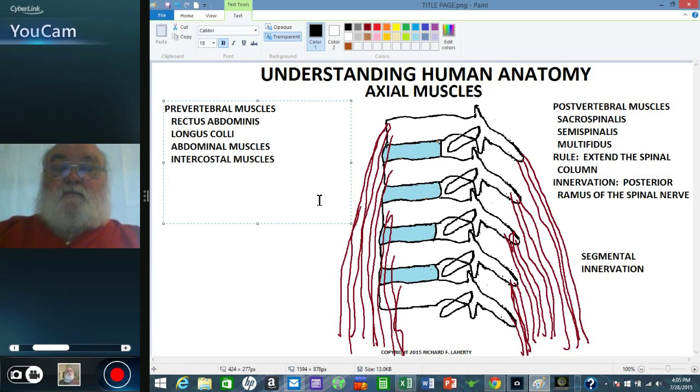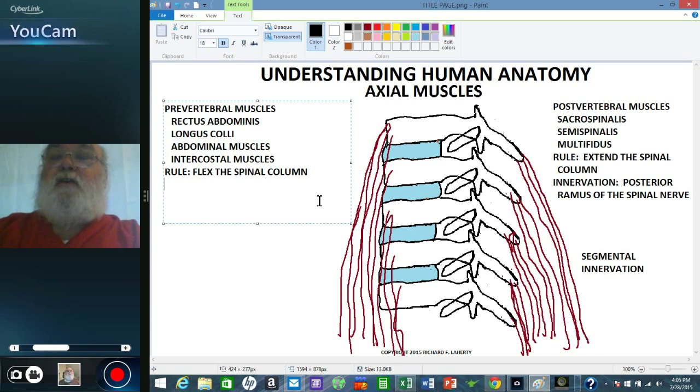Now, we had a rule for the postvertebral muscles. We'll have one for the prevertebral muscles. The prevertebral muscles flex the spinal column. All of them are flexors of the spinal column. They cause us to bend forward.